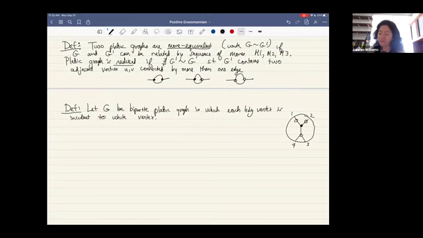Another way you can think about this is that we have a bipartite graph in which I think of the boundary vertices as all being colored black.